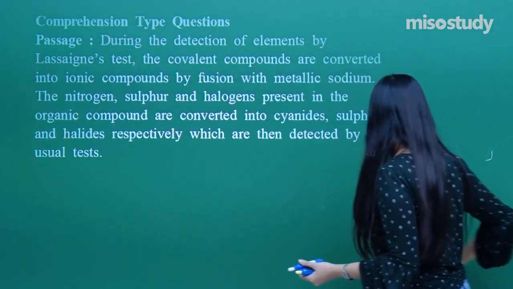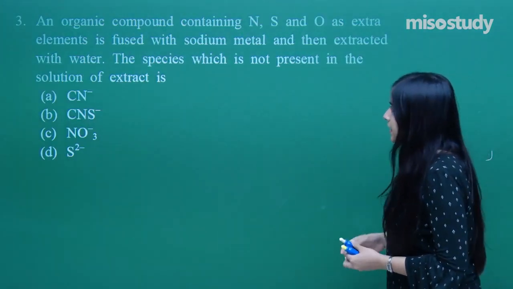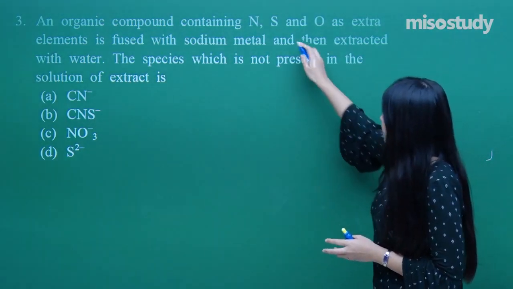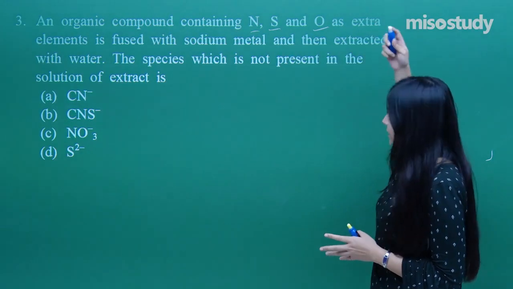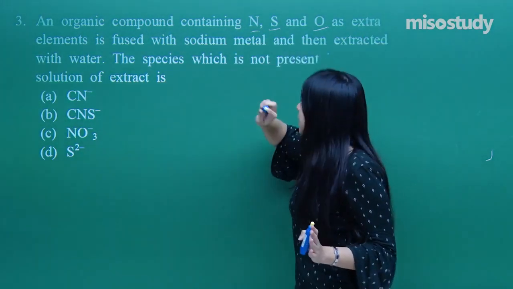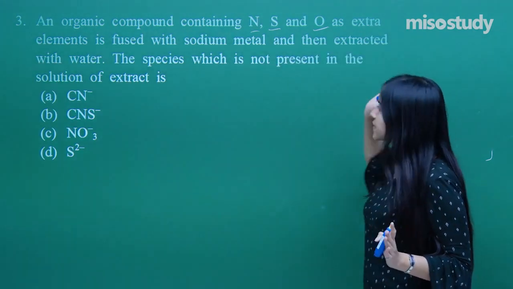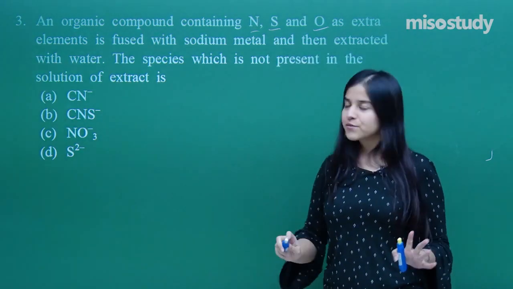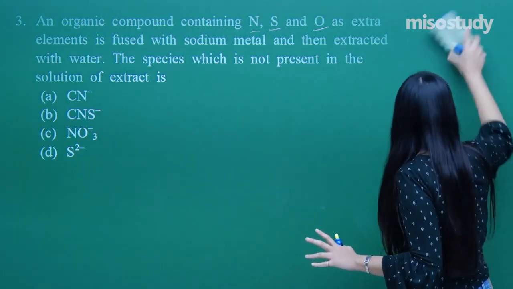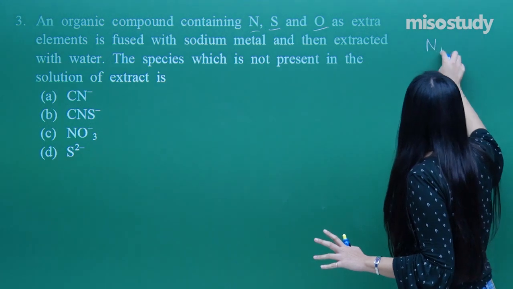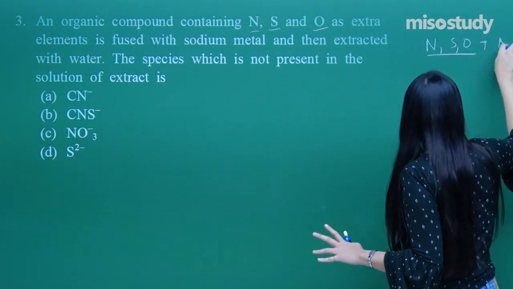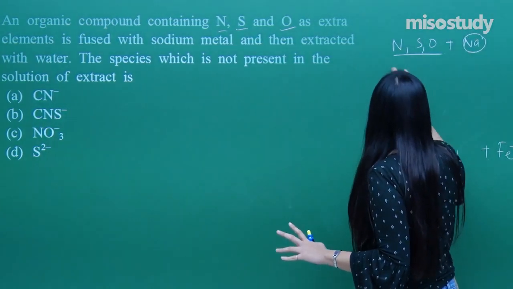Now, let us just check the questions. Based on it, an organic compound containing N, C, O as an extra element is fused with the sodium metal and then extracted with water. The species which is not present in the solution of the extract. So, I have got nitrogen, I have got sulfur, I have got oxygen, fused it with Na, what all do we get?